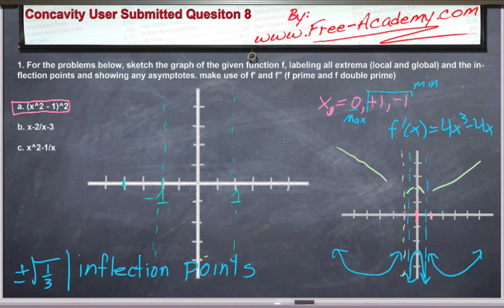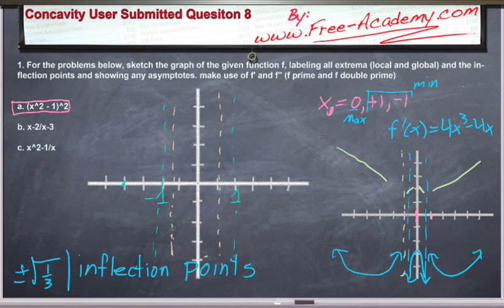Now I'm not entirely sure what the value is for the square root of 1 over 3, so this is just going to be an estimate, but let's say it's around 0.6, I think. Alright, with this information, let's do our sketch.